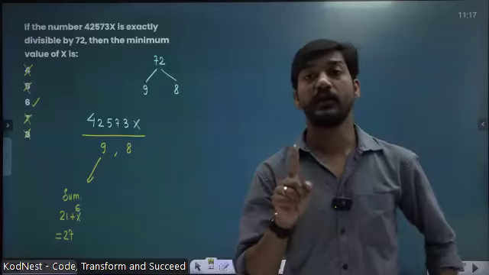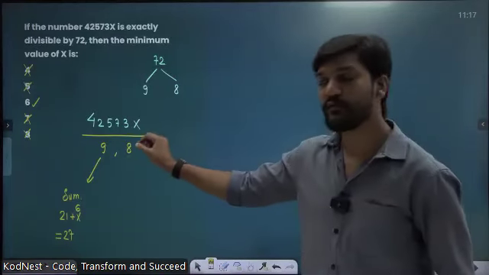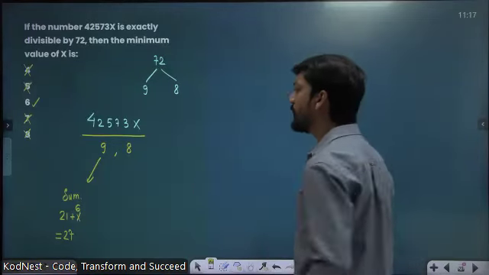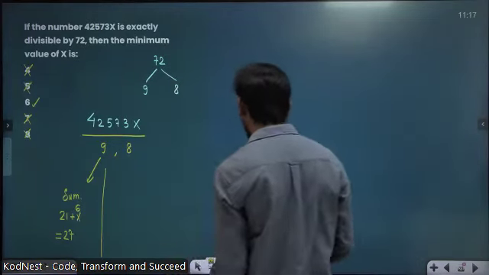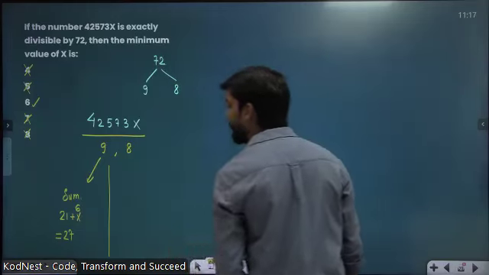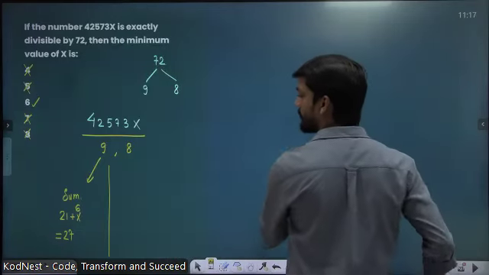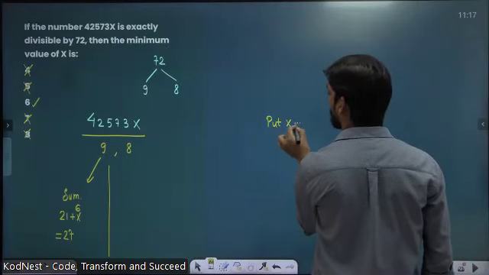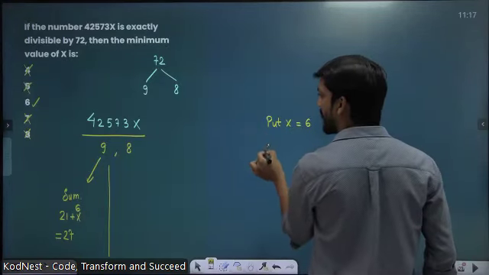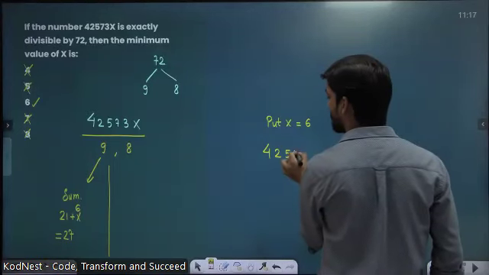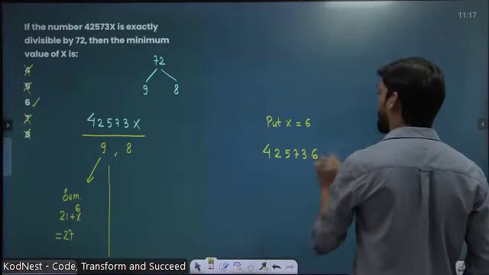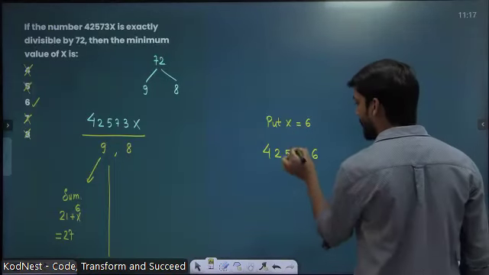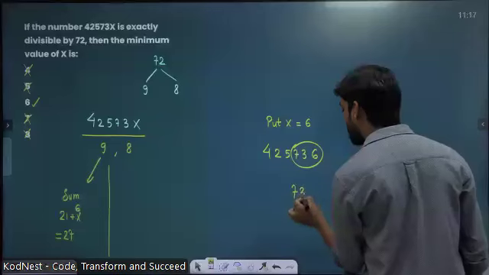That's why I will always recommend, please start with 9 first. You will not have to check further for 8. It is not required. And even if you check, you will check this way. You will put x equal to 6. So I will get the number as 425736. Even if you want to check, otherwise not required. Put x equal to 6 and now check the last three places, 736.